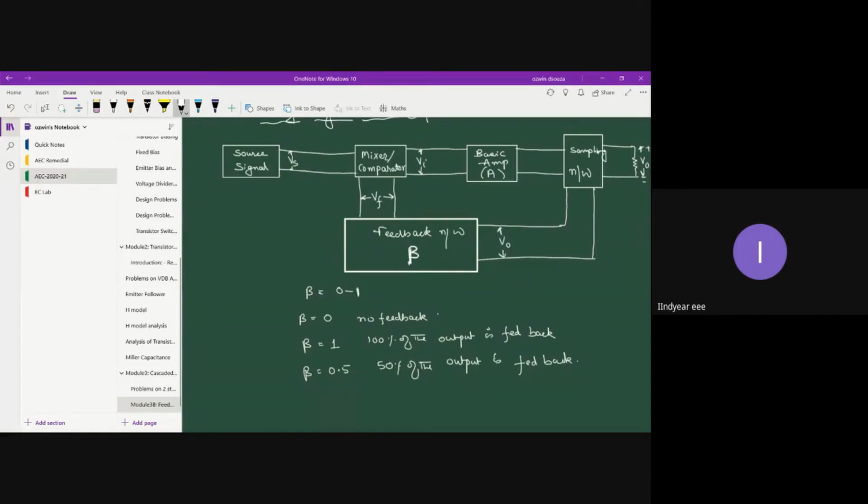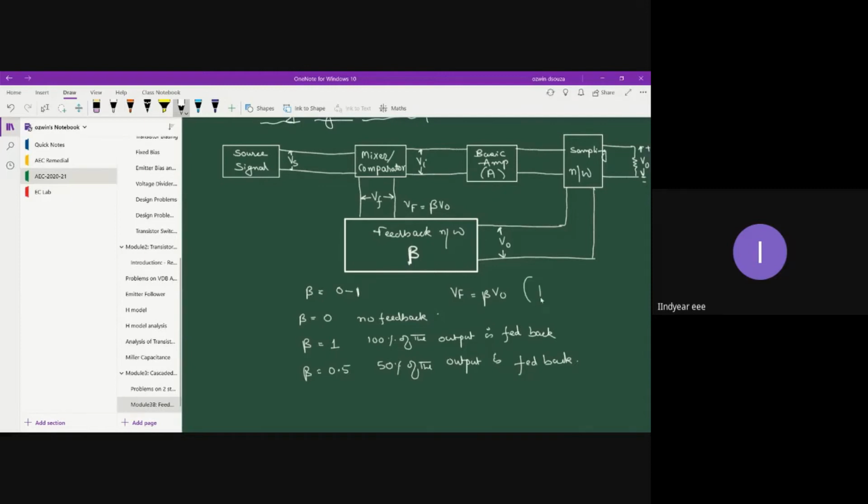Because through the sampling network, you will collect the V0, and you will feed this V0 to the mixer using the feedback gain beta. So expression for VF is basically beta into V0. So now you can appreciate, right? VF is equal to beta into V0.